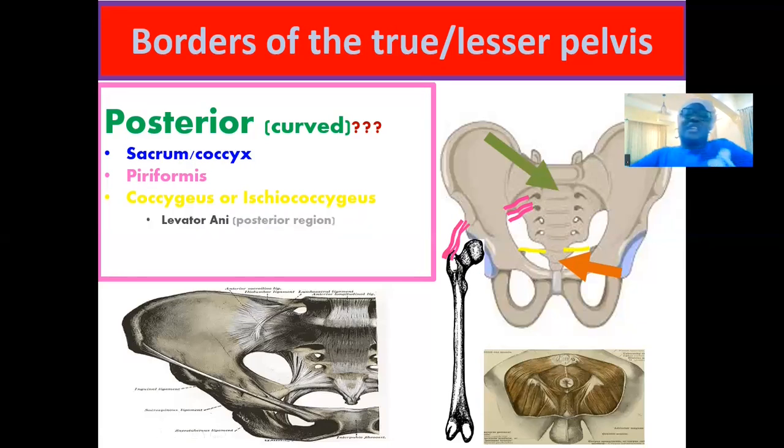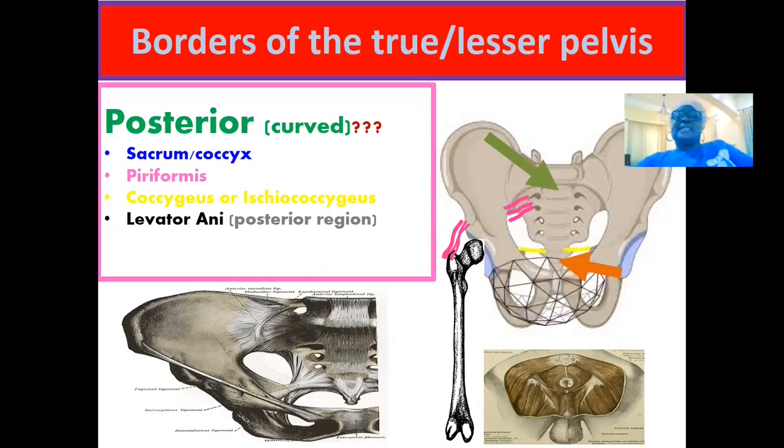The other structure that we see around this region is the levator ani, but it's good for us to know that it is the posterior region of the levator ani that is seen as a posterior alignment of the true pelvis. If you consider the orientation of the levator ani, which of course is a structural component of the pelvic floor, the levator ani muscle presents a dome-shaped or funnel-shaped configuration, and this is what is highlighted here in this image.